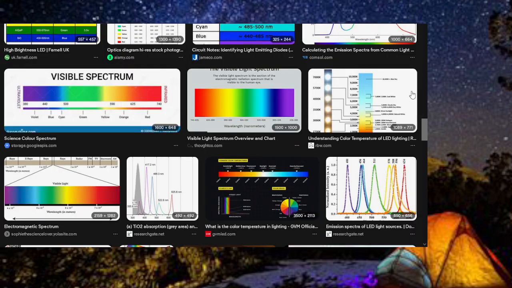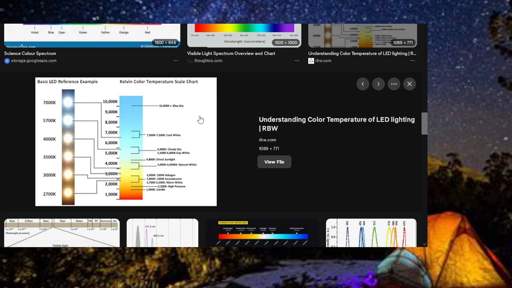Okay, here we go. Here, it's a temperature scale. Infrared. Let's see, infrared. Wow. Okay, the blue sky is 10,000 K. Basic LED rooms. Kelvin color temperature scale. It says the infrareds are cooler.